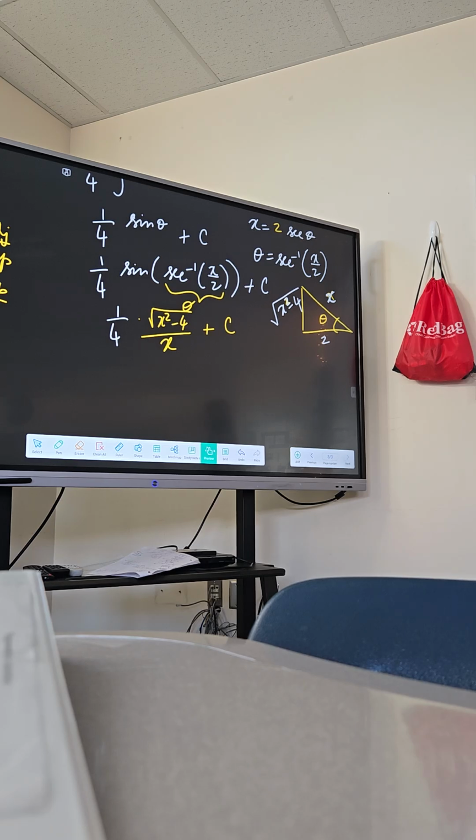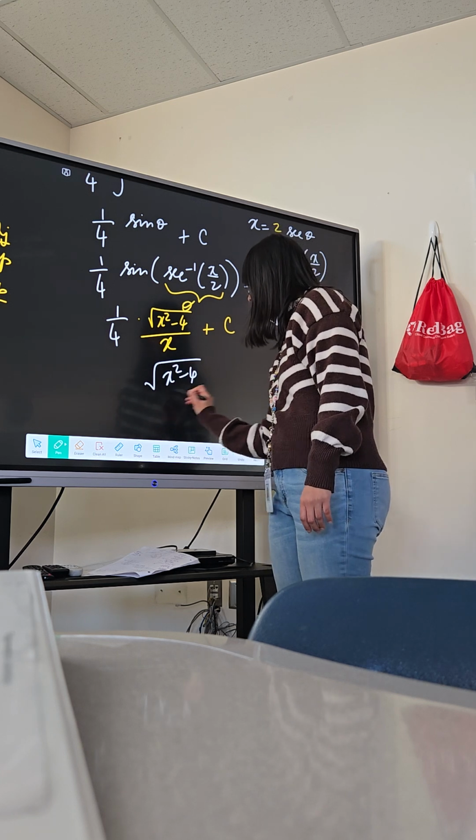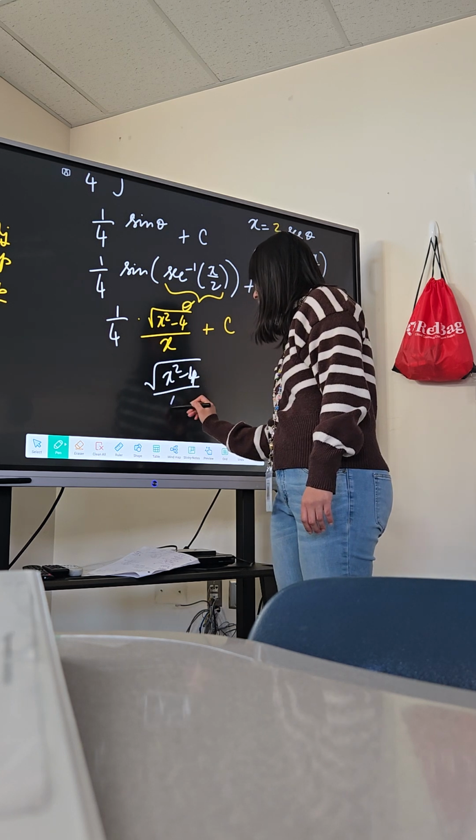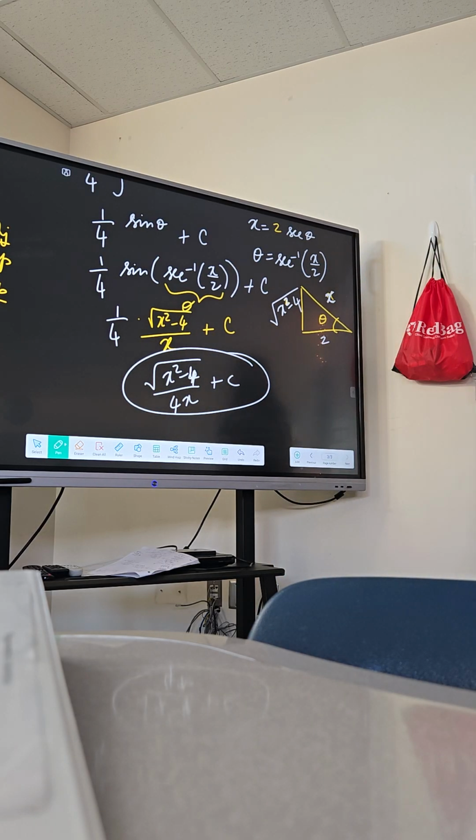Just be careful about making sure the square root only stays for the numerator.